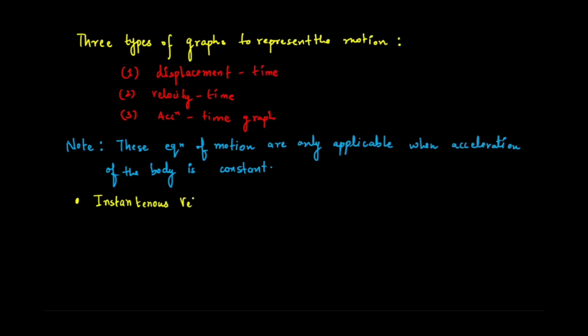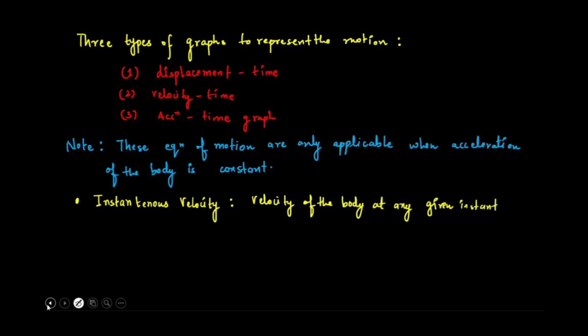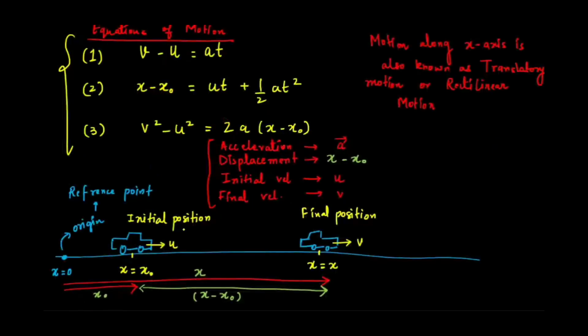Now what is this instantaneous velocity? Instantaneous velocity is something which is used to represent the velocity of the body at any particular instant. Velocity of the body at any given instant. Now, what does it mean exactly? Let's go back to the figure we drew on the previous page.